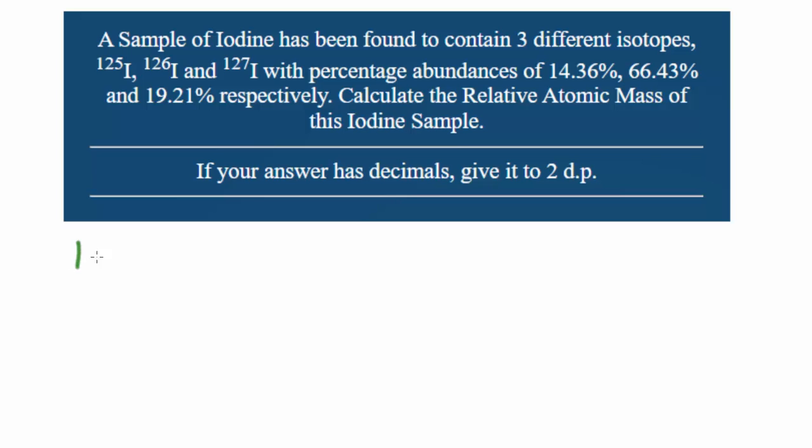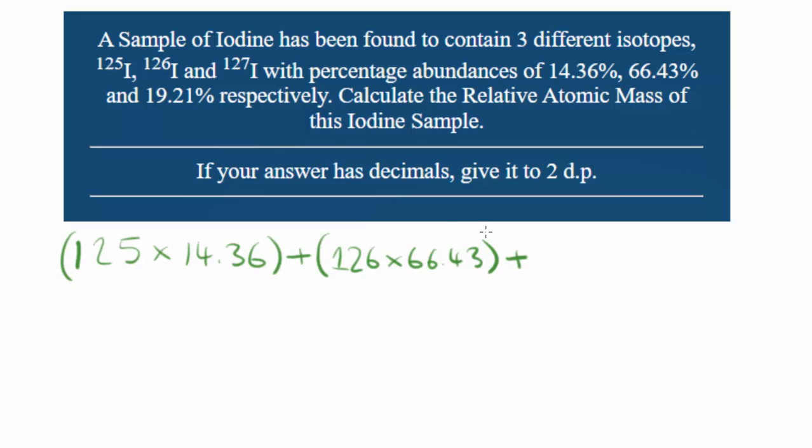That's going to be 125 multiplied by 14.36, and of course we have to sum these, so then 126 multiplied by 66.43, and then we have the 127, and that's multiplied by 19.21.